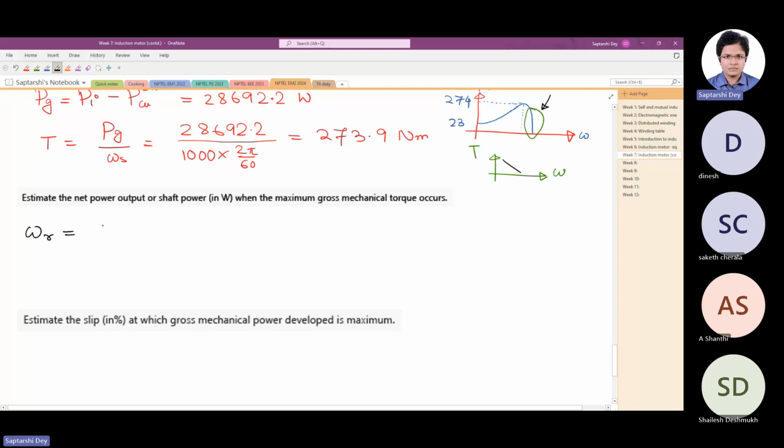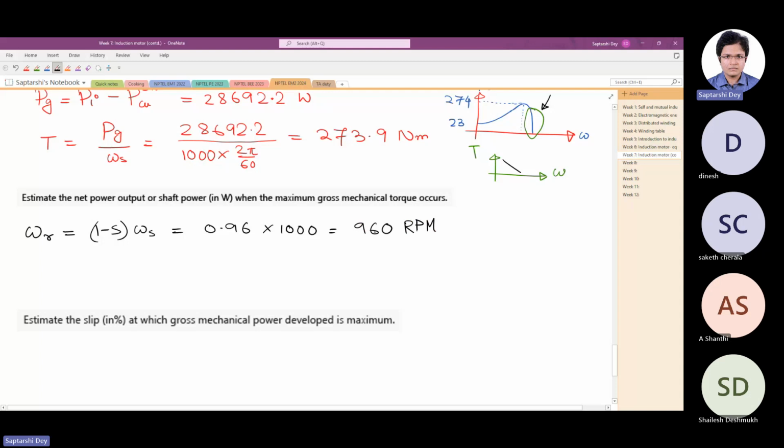The rotor speed at this condition is (1 minus s) times omega s. s is 4%. So 0.96 times 1000, which is around 960 rpm. So the peak torque happens at 960 rpm.